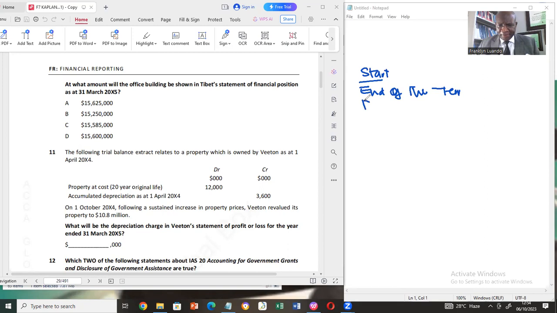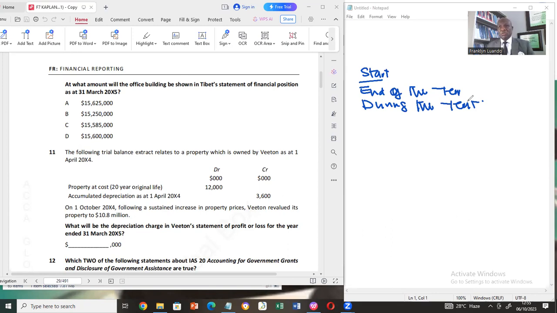Revaluation during the year. If property is revalued during the year, depreciation is calculated in 2 stages. Stage 1, before revaluation, is based on the original cost of the asset using the original number of years.